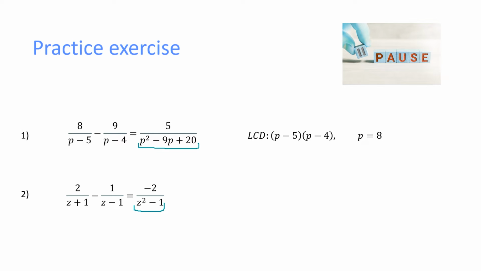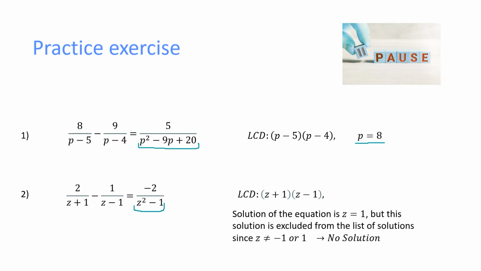So let's look at the solutions. For the first one, we have least common denominator p minus 5 times p minus 4, and the answer is p equals 8. In the second one, the least common denominator is z plus 1 times z minus 1, and we get the solution z equals 1.